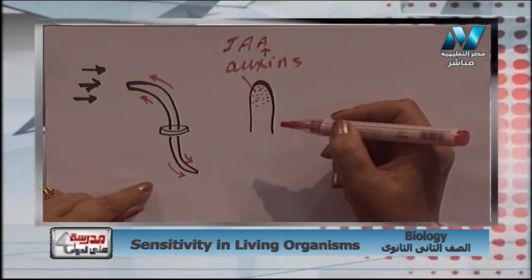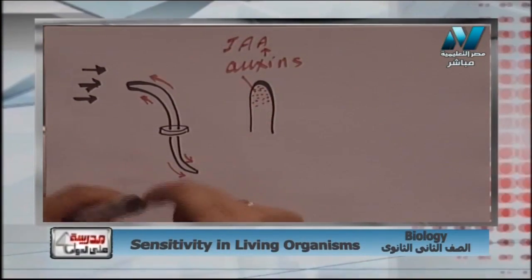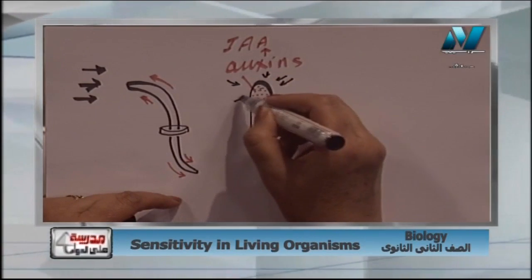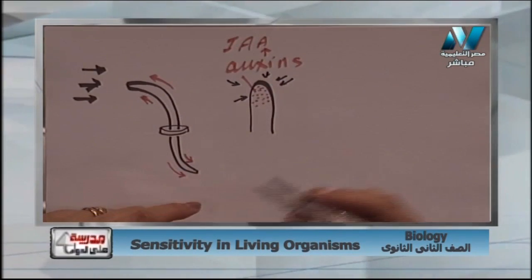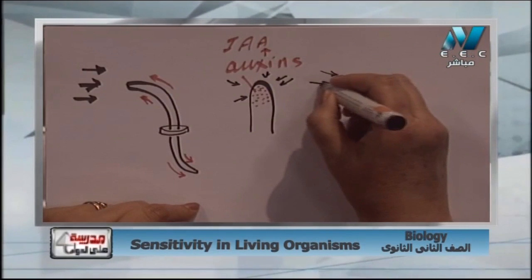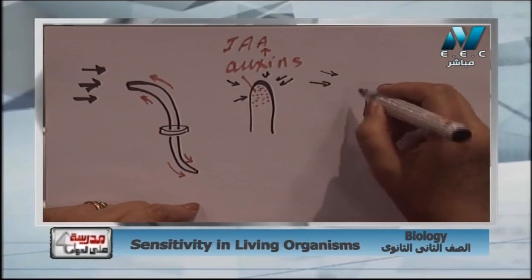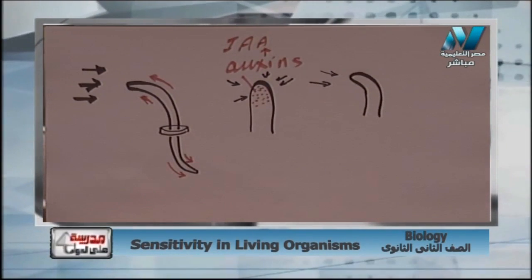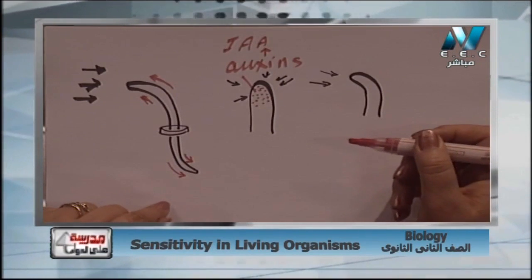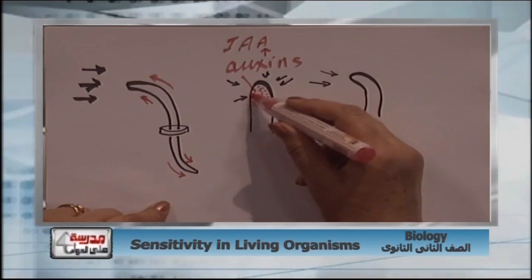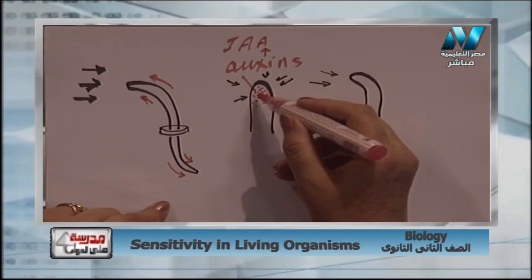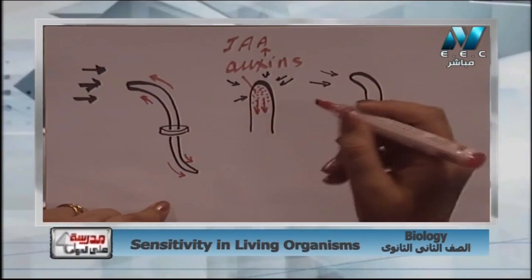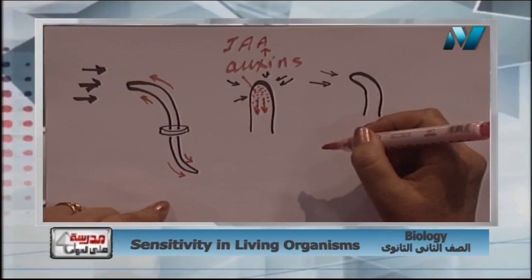So if light comes from all directions, the stem grows vertically without any curvature. But if the light comes from one direction, the stem or the coleoptile bends towards light, like this. Boysen-Jensen explained that the auxins, which are formed in the cells in the tip of the coleoptile, diffuse to the lower cells and cause the elongation of these cells.